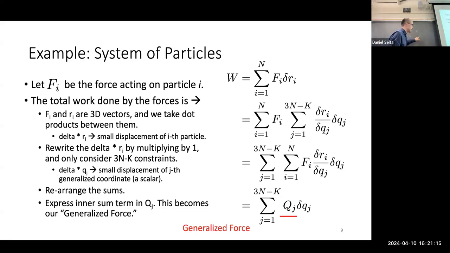Each of these is a 3D vector. So this notation here really means a dot product.